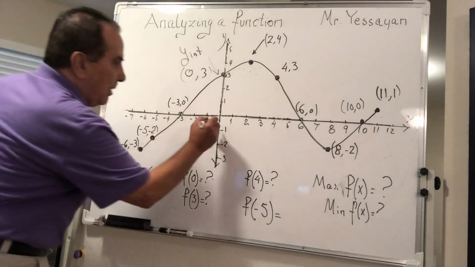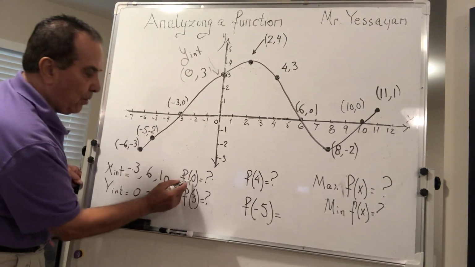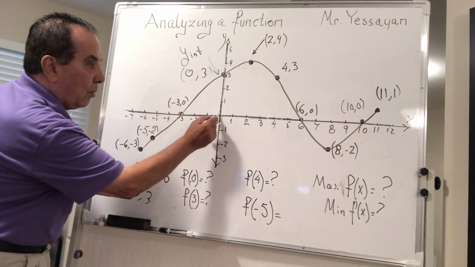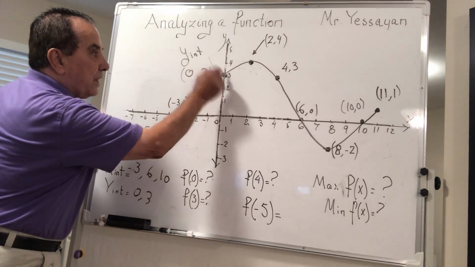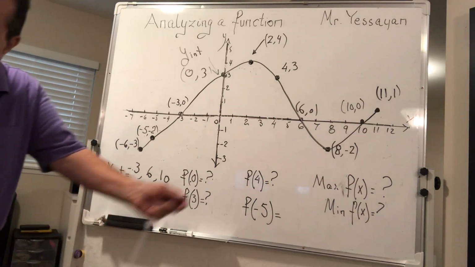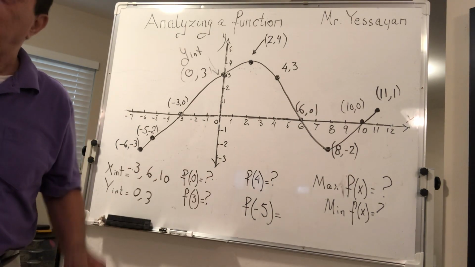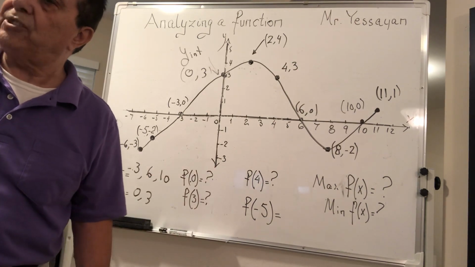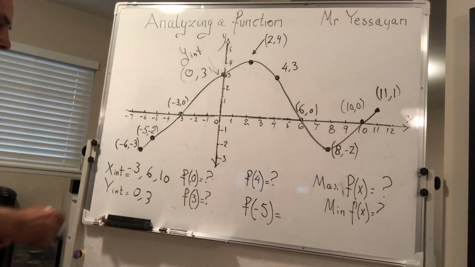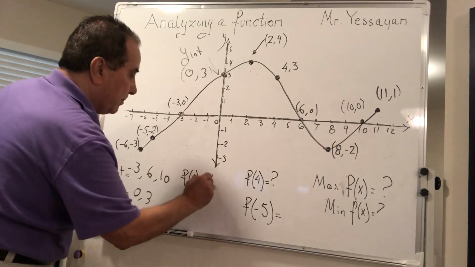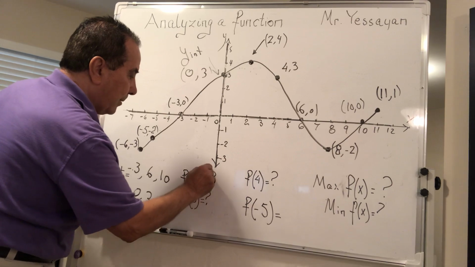Well, here x is 0. Let me see. It's 3, which is the y-intercept. In one word, that's the y-intercept. I just gave this extra question to let you understand that the y-intercept is when x is 0. So, f(0) is 3. There you go. y is 3.